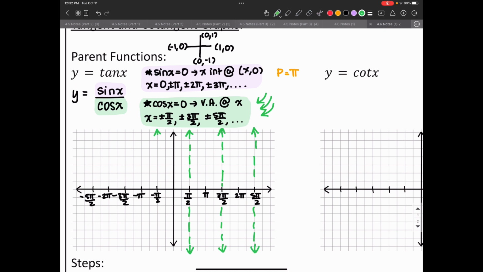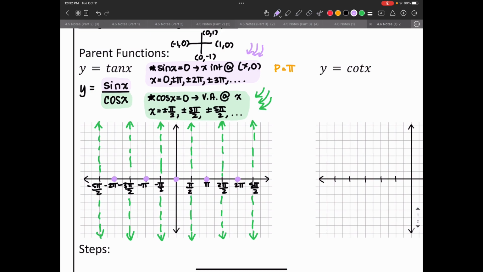I also have them at negative pi over 2, negative 3 pi over 2, and negative 5 pi over 2. Vertical asymptotes there. Then I know that I have x-intercepts at 0, plus or minus pi, plus or minus 2 pi. So I have one here, one here, one here, one here, one here. So those are my x-intercepts.